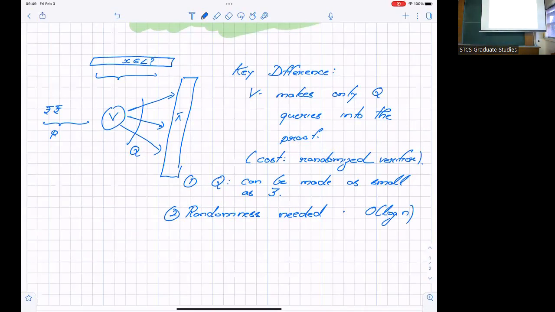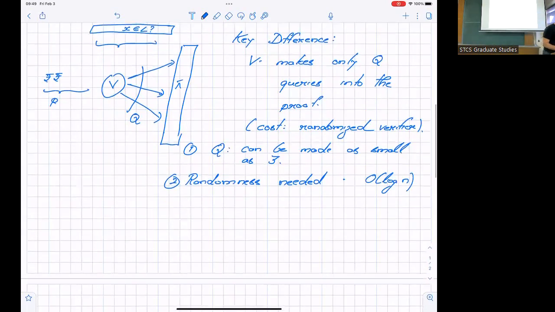You could ask, can it be smaller than logarithmic? And once again, there will be a problem in your first problem set, which says that if the randomness is strictly smaller than log n, that is, o(log n), then any language accepted by such a PCP verifier will be in P rather than in NP.